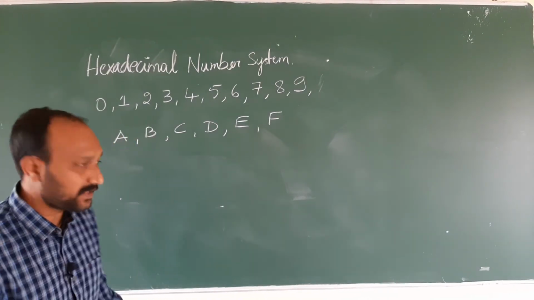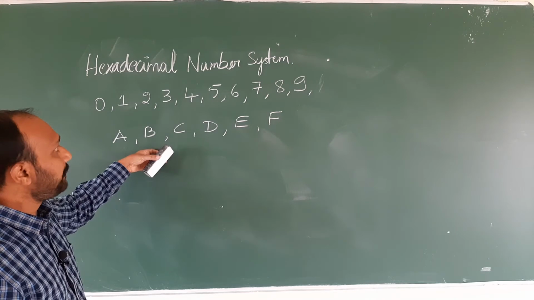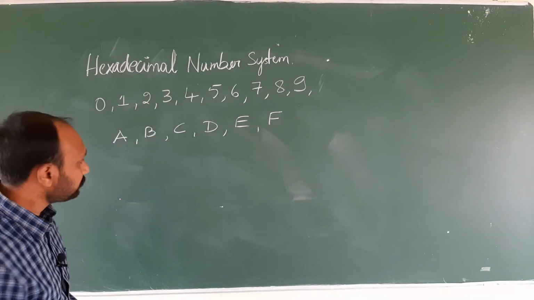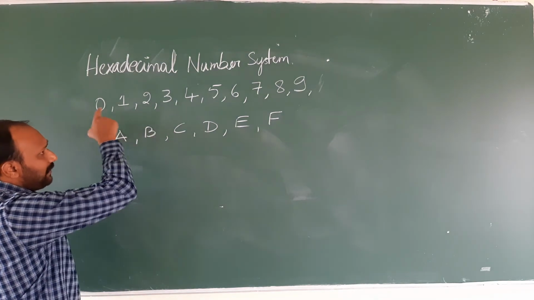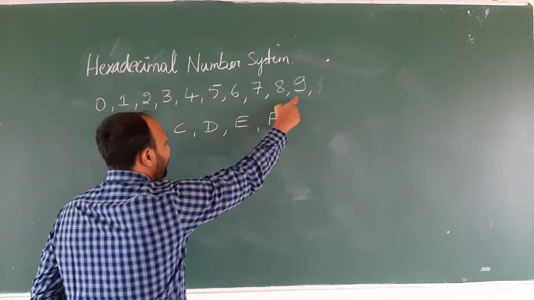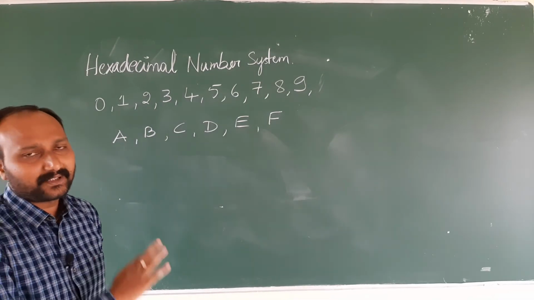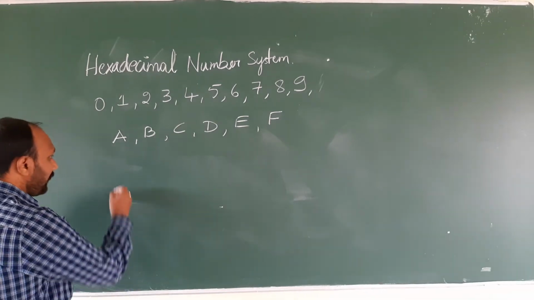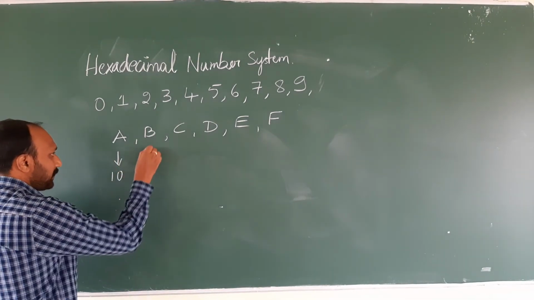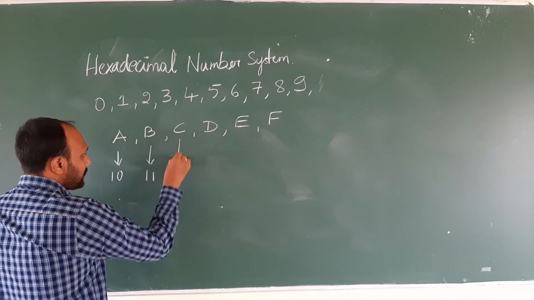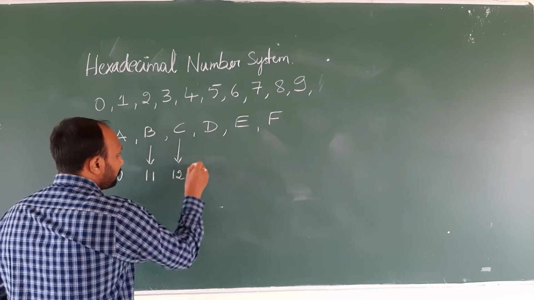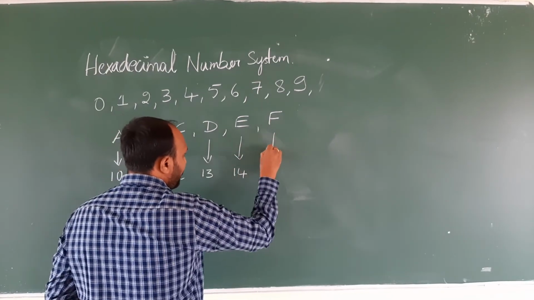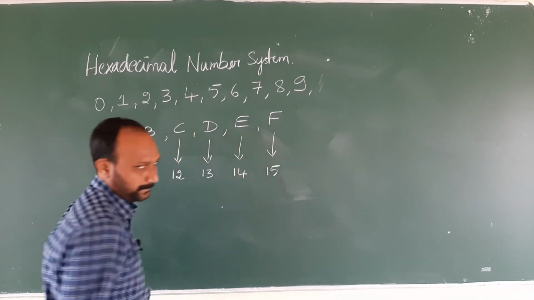So the base or radix of the hexadecimal number system is 16. The digits 0 to 9 are numbers with a certain face value. What about the alphabets? A means 10, B means 11, C means 12, D means 13, E means 14 and F means 15.